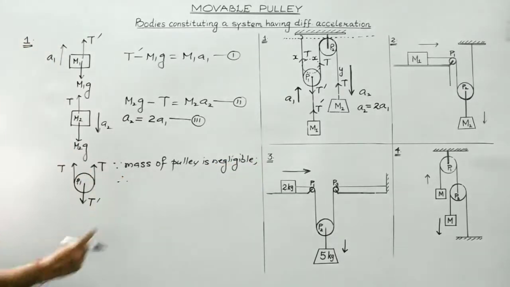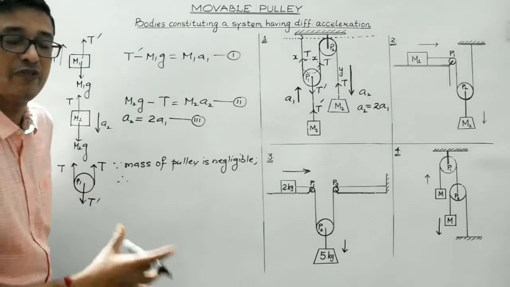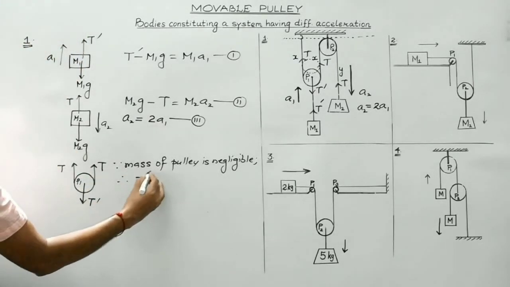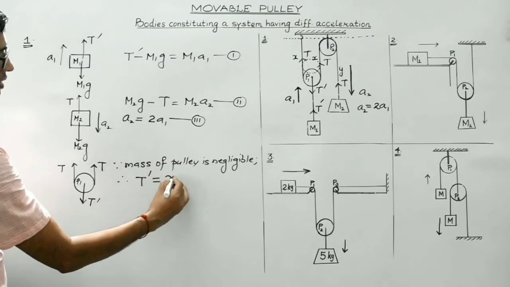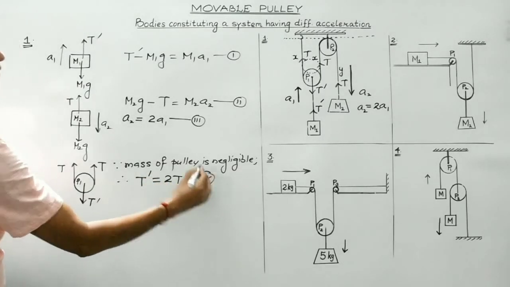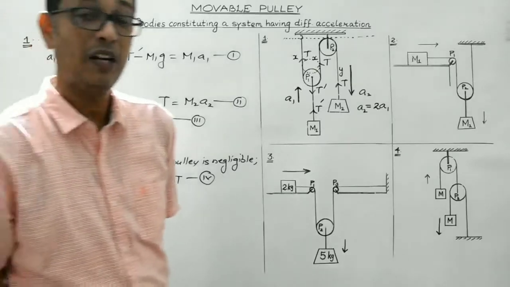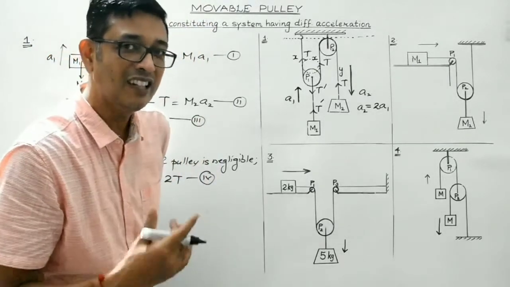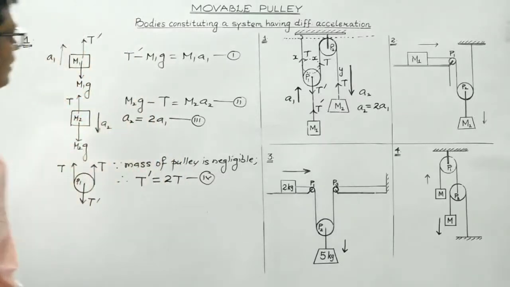Therefore, net force is mass into acceleration. If mass is 0, net force is 0. Net force 0 means net downward force must be exactly balanced by the net upward force. So these are the 4 equations to it. By using these 4 equations, we can always get the expression for A1 and A2. Right? Let's solve it then.